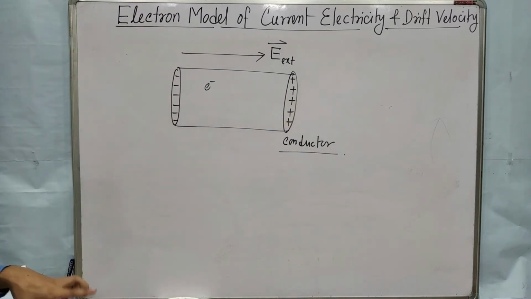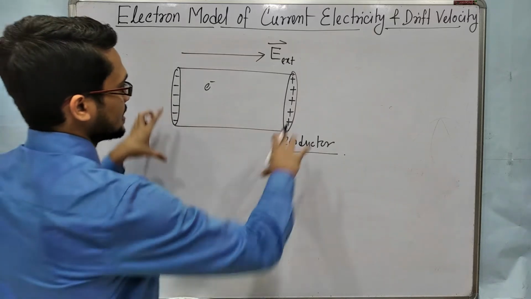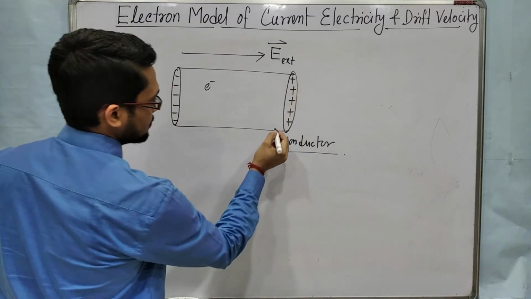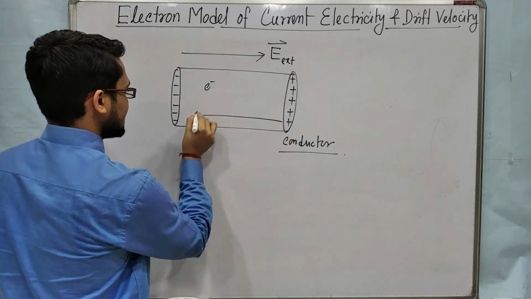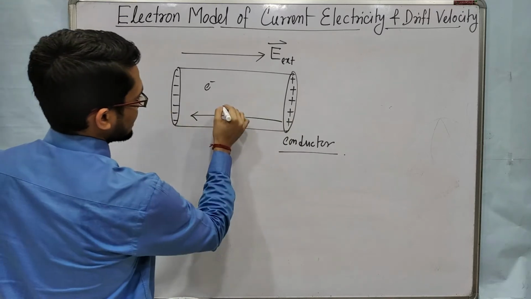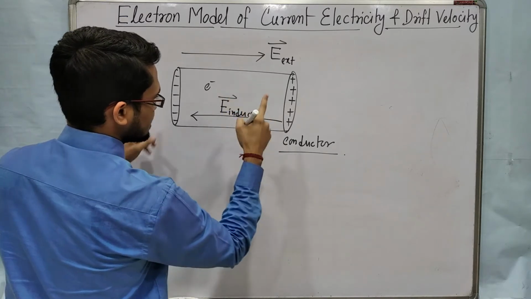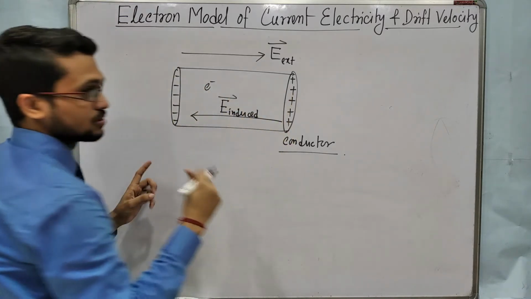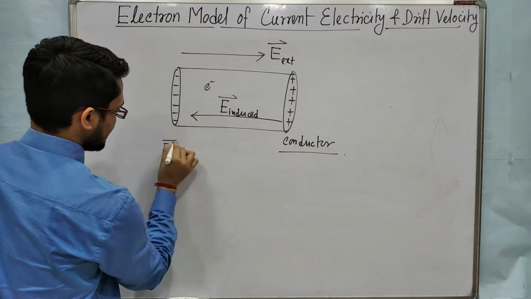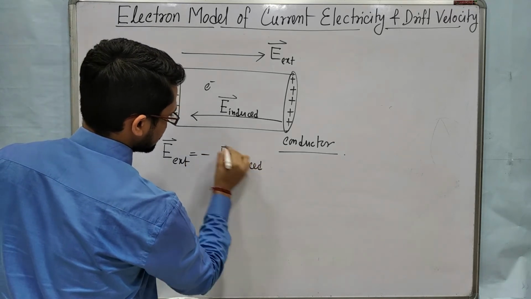Okay, and there are many free electrons, and at the end we will see that due to these induced charges an electric field is produced inside the conductor, acting from the positive to the negative terminal, E induced. Because it is a metallic conductor, they will be equal. So E external equals minus E induced.